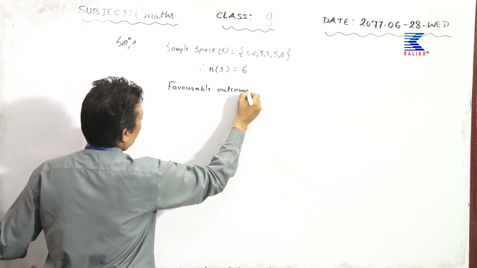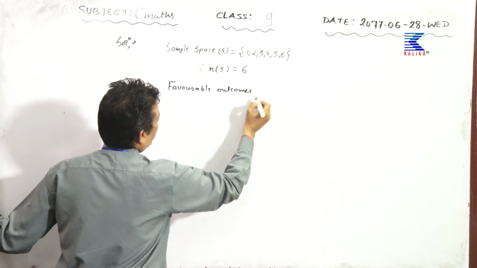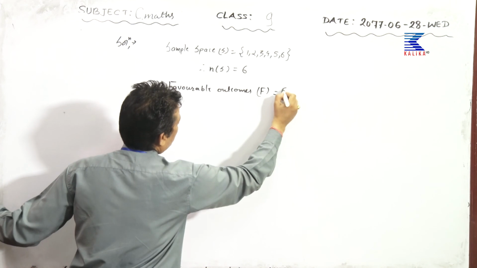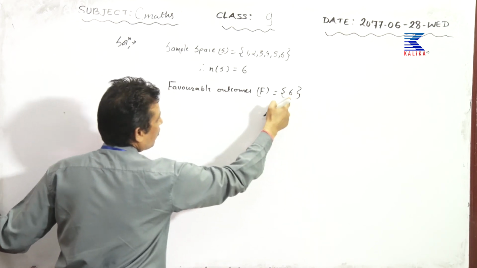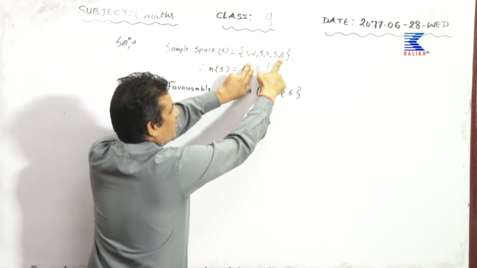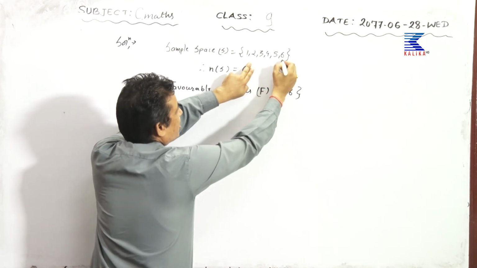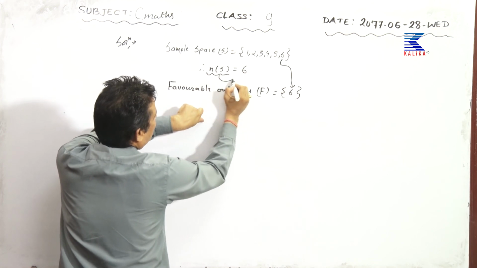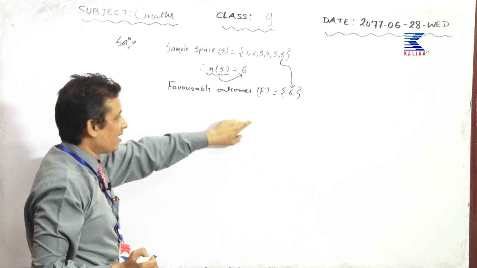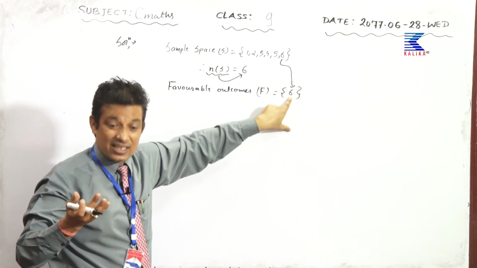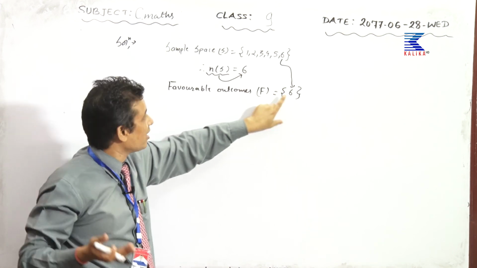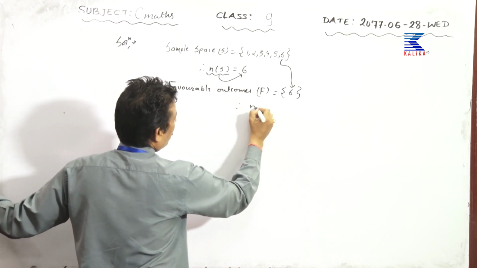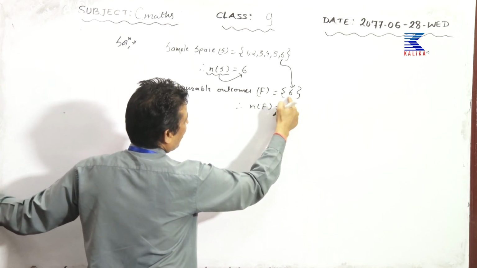Favorable outcomes, let us denote it by F, is equal to 6. We only want this 6, dear student, do not be confused. This 6 is the 6 that can appear at the top surface and this 6 is the number of elements. Therefore, the number of favorable outcomes, how many elements are there? 1.